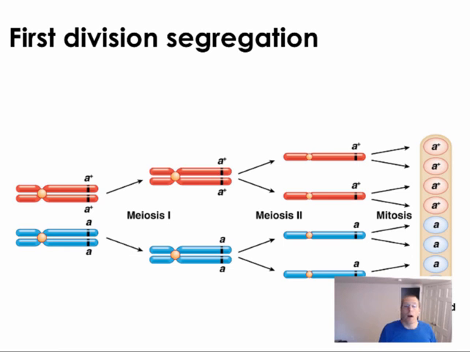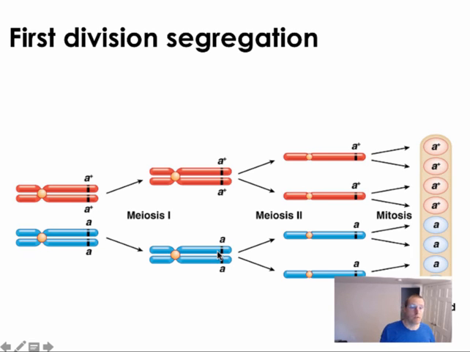Okay. So the first analysis you can do is look at the first division segregation pattern. This isn't actually that useful, so don't linger on it too much. If we've got our diploid organism here, we've got this pair of homologous chromosomes. It's heterozygous with respect to the A gene, so we've got A plus and A. Now, if we do meiosis 1, we separate the homologous chromosomes.